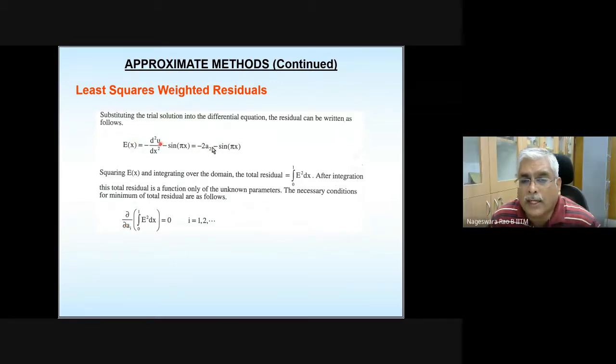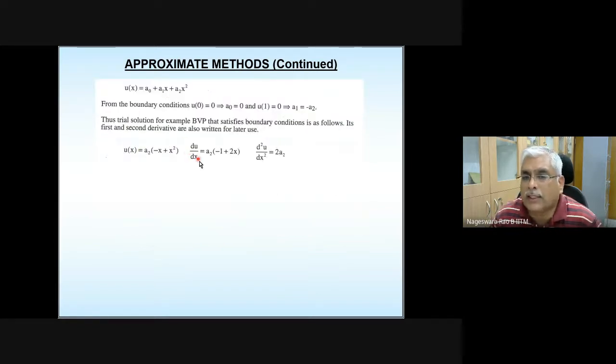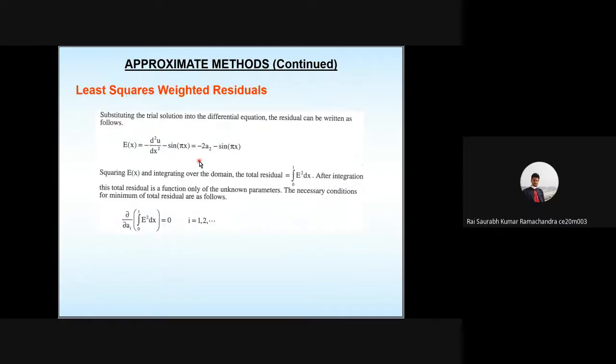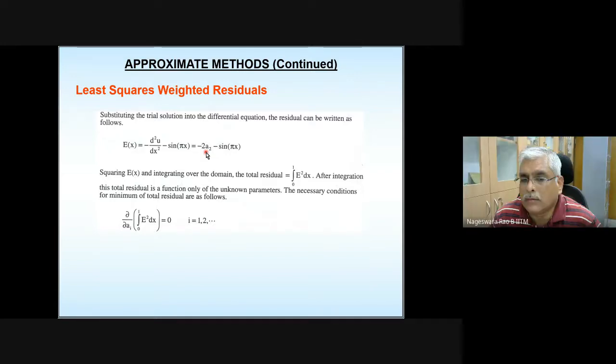Now, after doing all this exercise, the necessary condition for minimum of total residual is to differentiate with respect to ai. Finally, whatever we got here, that error function is not a function of a naught or a1.